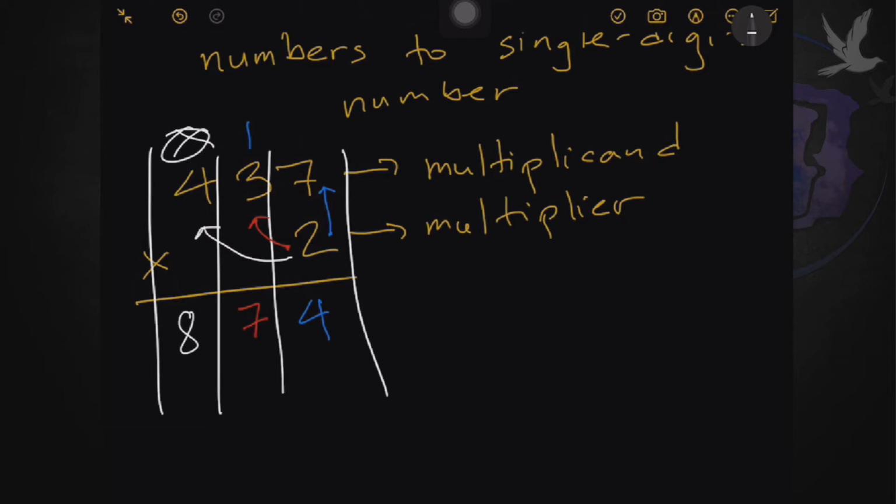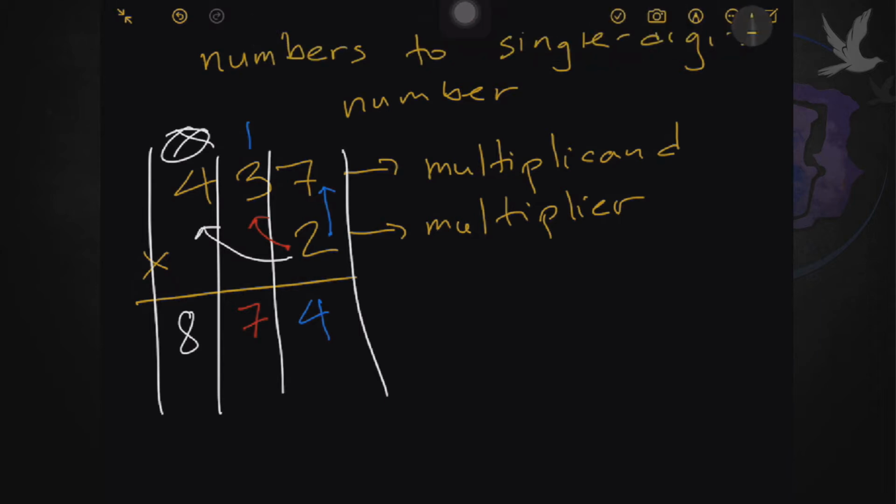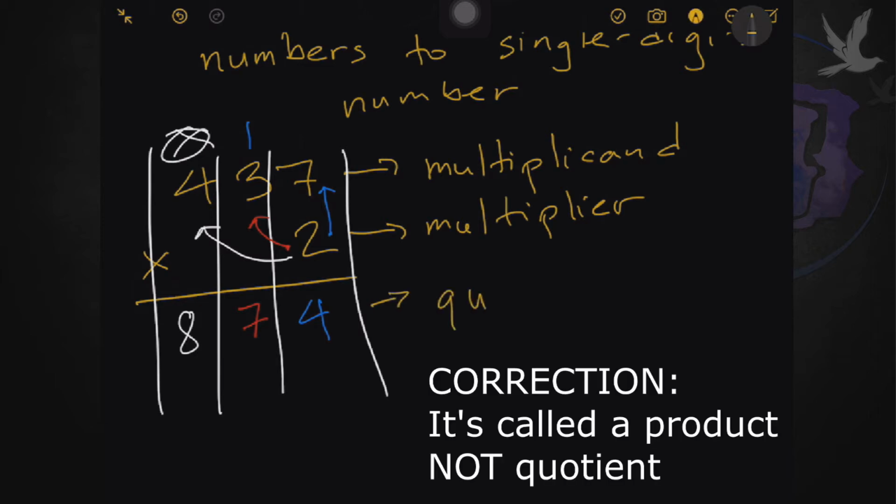So 437 times 2 is 874. And again, part of this multiplication sentence, this one is called a quotient. That's how simple it is.